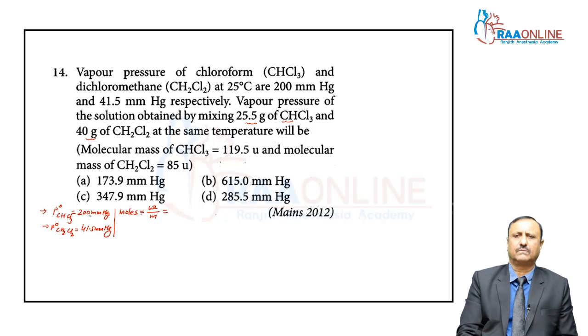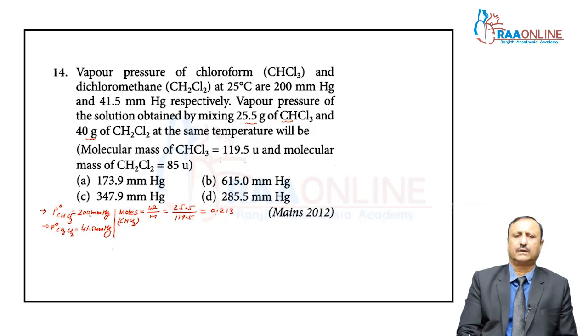So when you calculate the moles of chloroform, then W is equal to 25.5, given in the numerical, upon 119.5, which is also given in the numerical. It is the molecular mass of chloroform. When, my dear students, you divide this, then you can get 0.213.